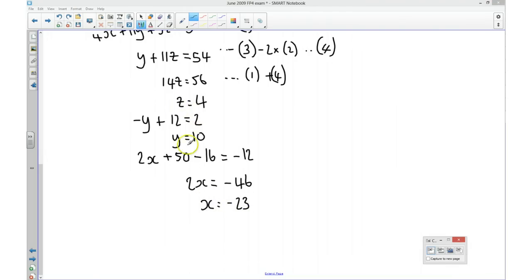So I've now got a solution for x, y and z. So I can write down my final solution as the invariant point is going to be equal to negative 23, 10 and 4.